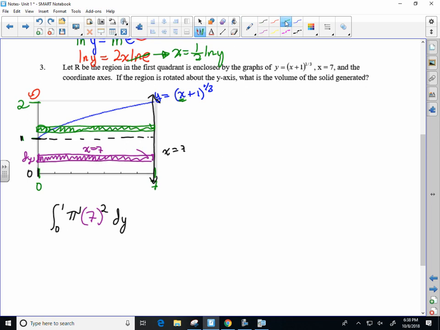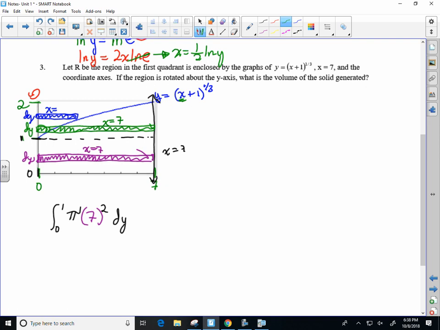So I have my dy here. And then my other arbitrary rectangle, somewhere like this, also a dy has a thickness associated with that. All right. My green rectangle has a length of 7, x equals 7, so we're all set there. My blue one has an equation of x equals something, so I have to solve my given equation for x.